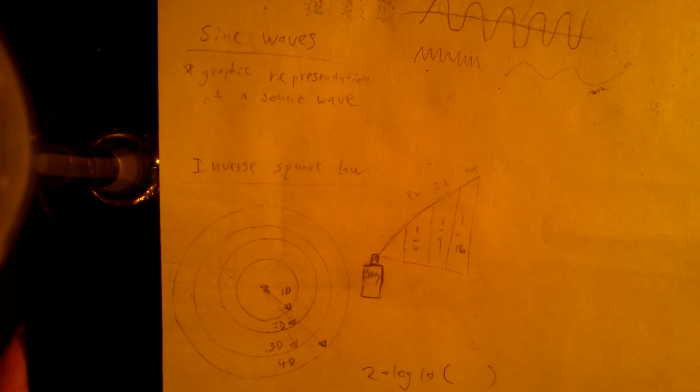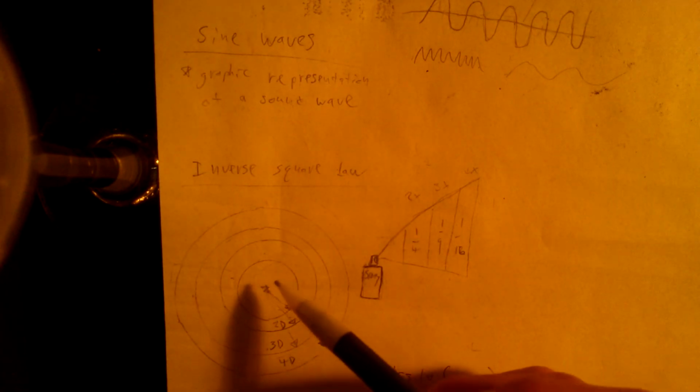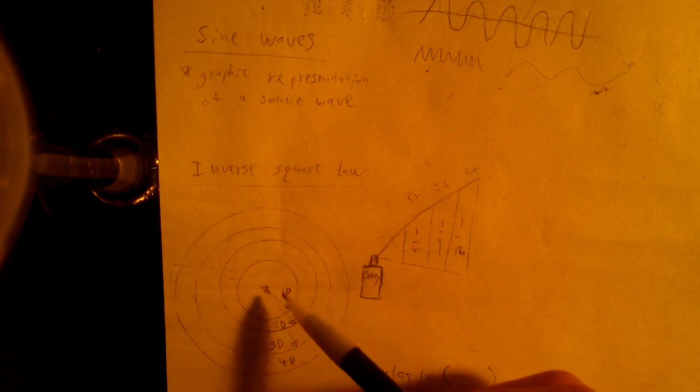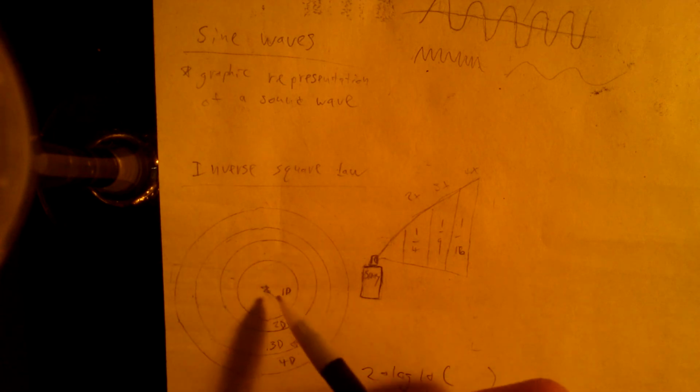Now, with the inverse square law, we can use a little bit of math to put this into play. Say this is me playing guitar. This is the first row. They're hearing it all cool. First row, one away. And then this is the second ring. This is 2 times the distance. D means distance. What's going to happen here is that the inverse square law says that you take the square of what the times is.